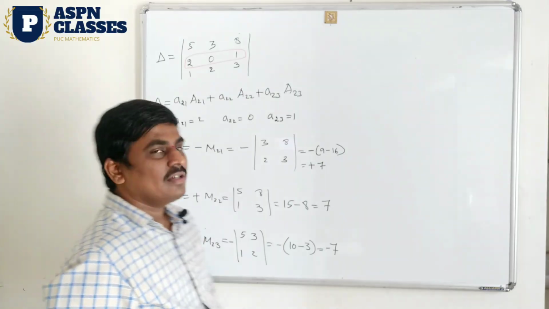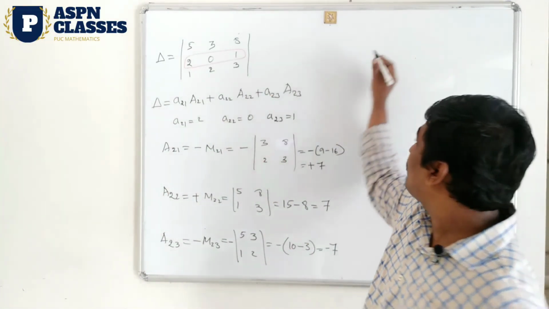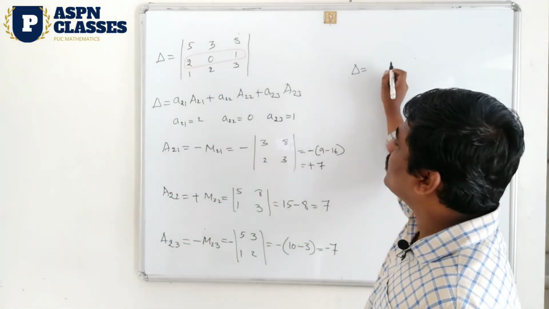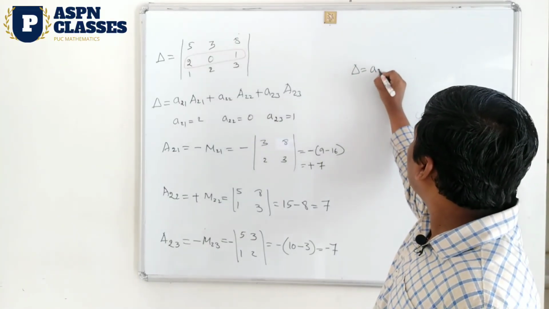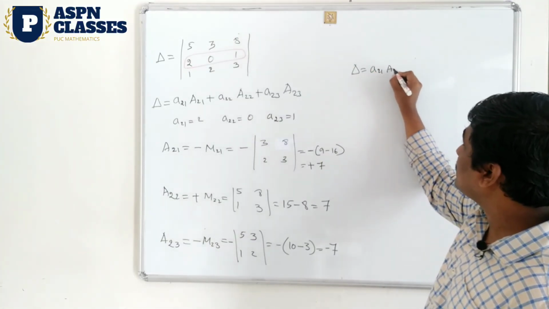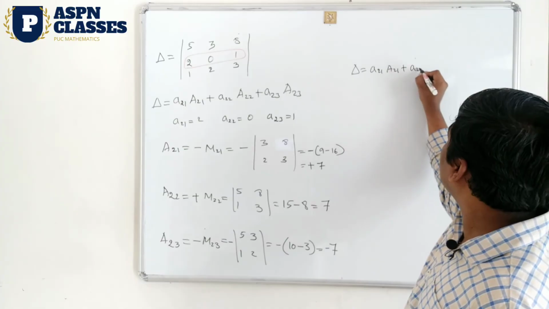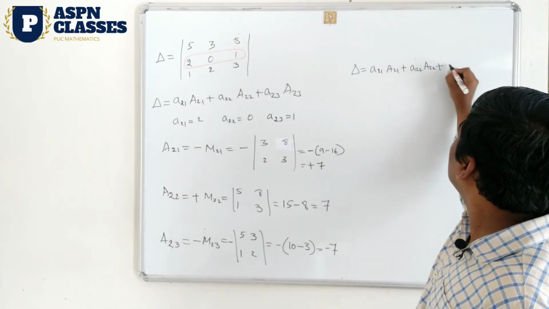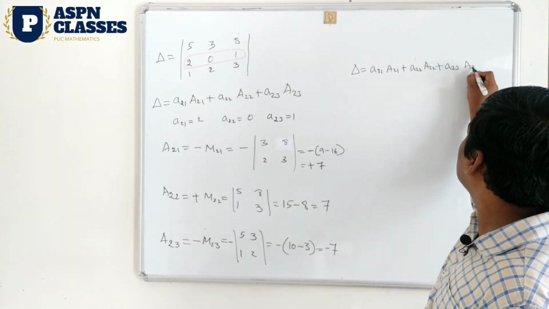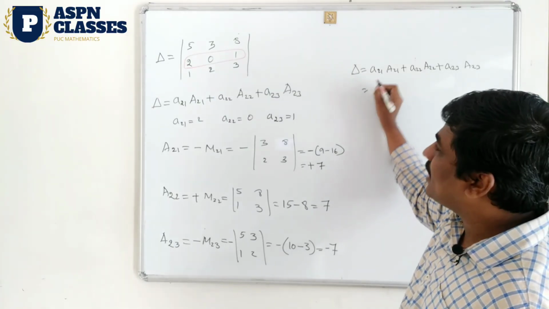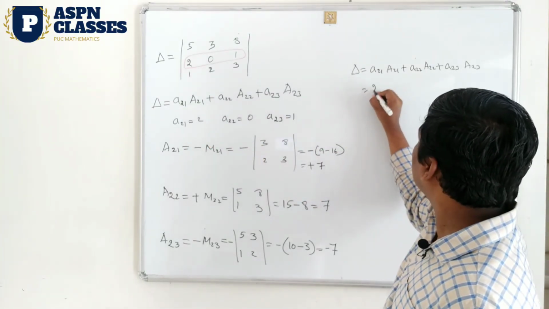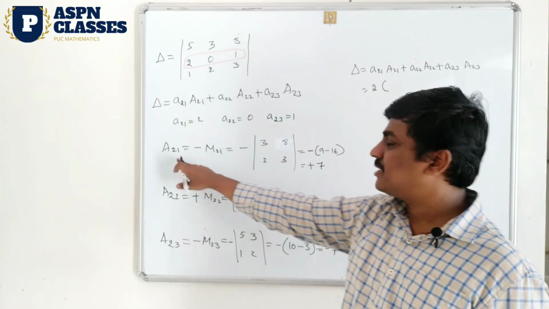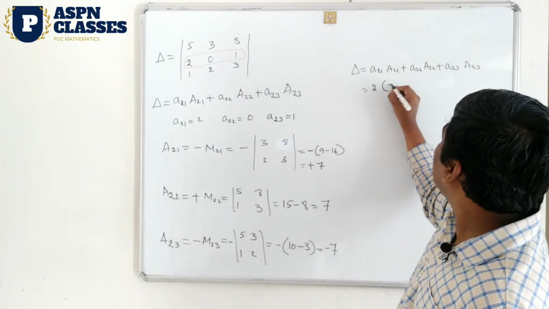So these are the answers. Now you have to fill them in the main formula. Delta is equal to A21 cofactor of A21, plus A22 cofactor of A22, plus A23 cofactor of A23. The A21 element is 2, and its cofactor answer is 7.